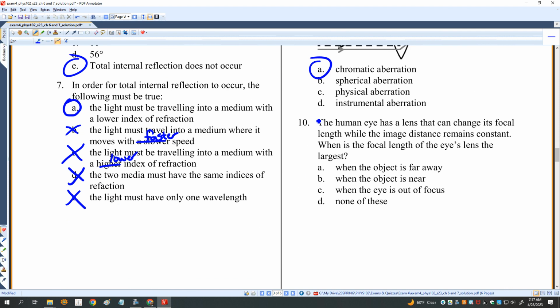The human eye has a lens that can change its focal length while the image distance remains constant. So the eye, this distance is the image distance, and the focal length of the eye can change. When is the focal length of the eye's lens the largest? That's when you're looking at something that's really far away so that the light rays are parallel.